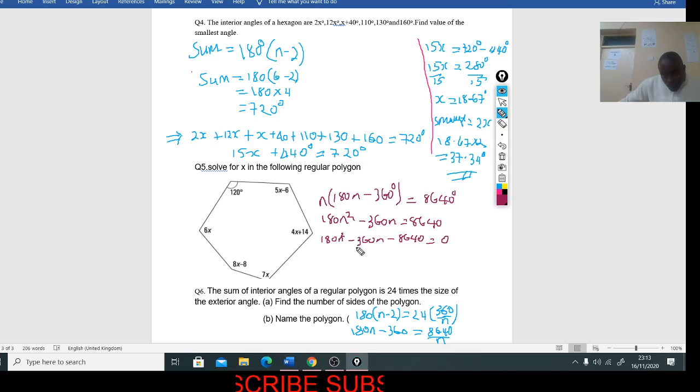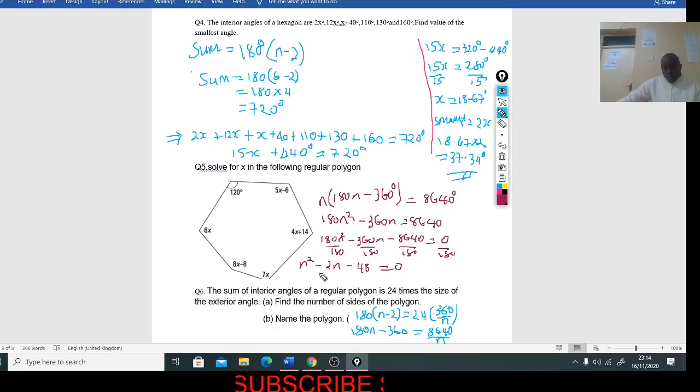I divide by 180 all through, so that gives you n squared minus 2n, then 8640 divided by 180 is 48, so minus 48 equals 0.